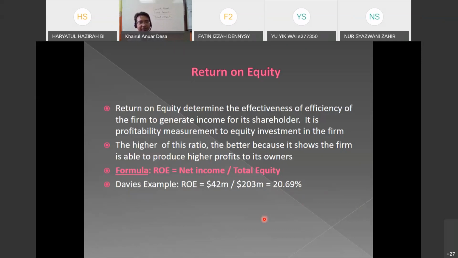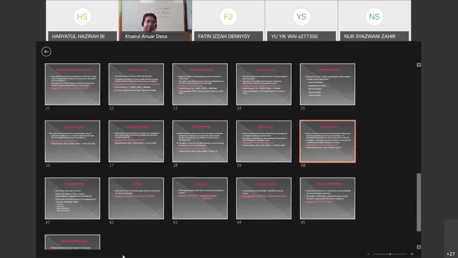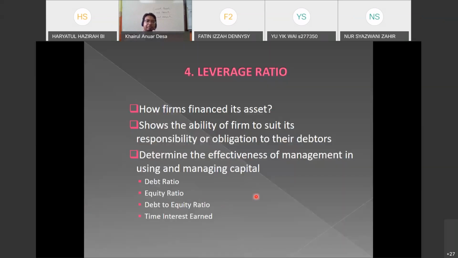Okay, Zira, thank you very much. Kita sampai mana? Okay, sambung. Leverage ratio. What is the leverage in general? Apa maksud leverage ini yang anda faham secara general, secara am, general.